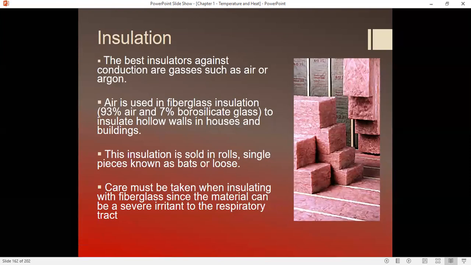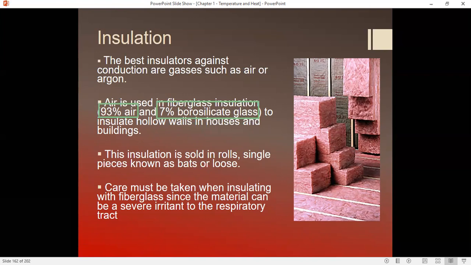And here is that fiberglass insulation. Fiberglass insulation is mostly nothing, okay? It's 93% air, okay? Air is a very good insulator. And to prevent the air from convecting, they blow borosilicate glass into there, okay? If you've ever handled fiberglass insulation, you know the pain and the irritation of fiberglass particles in your arm, okay?